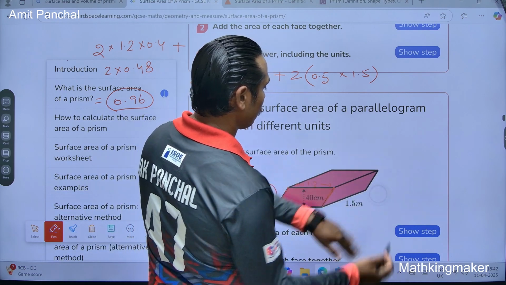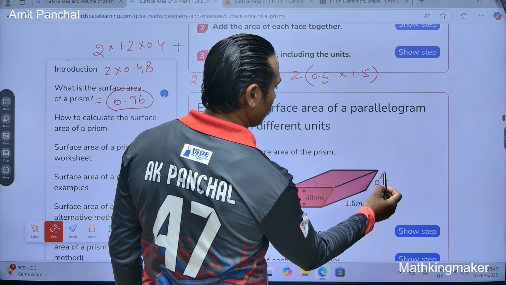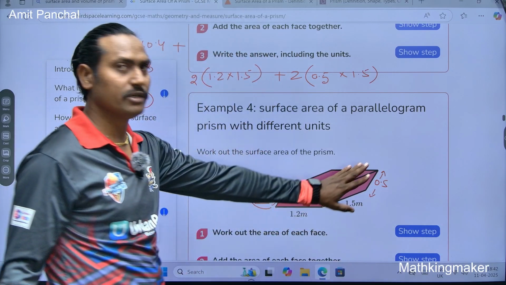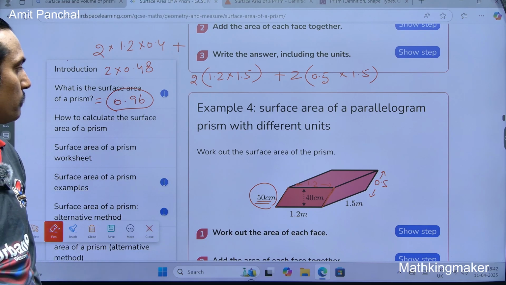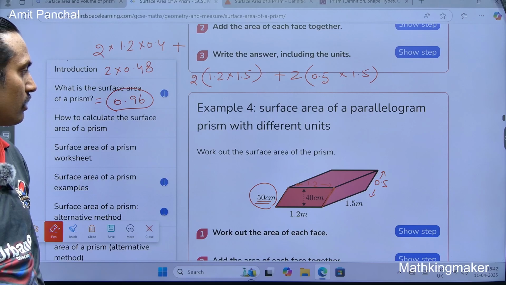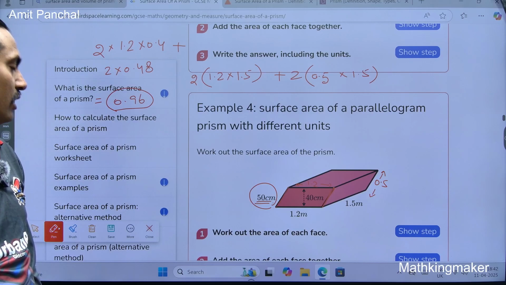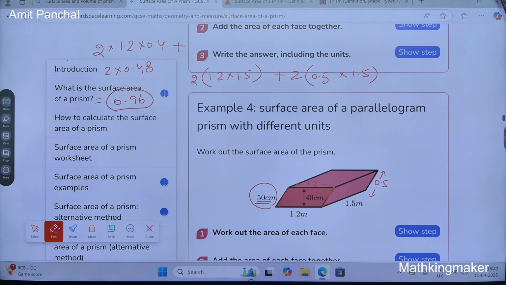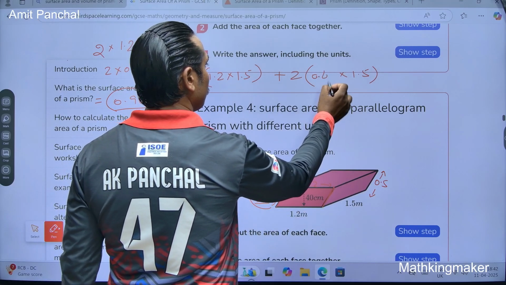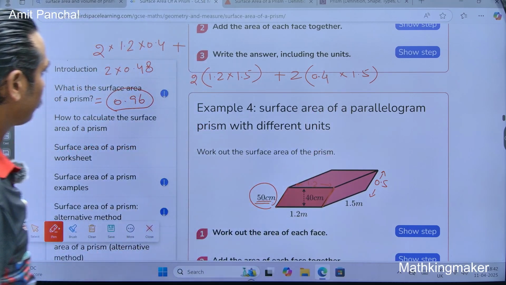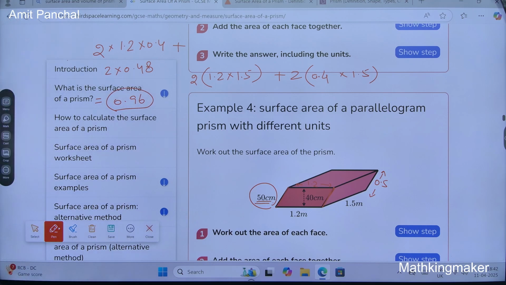The surfaces are also parallelograms. So don't you need the height? Yeah, height is mandatory there. So base is 1.5, height will be 0.4. You are right. Yes, sir, I got 10.5.